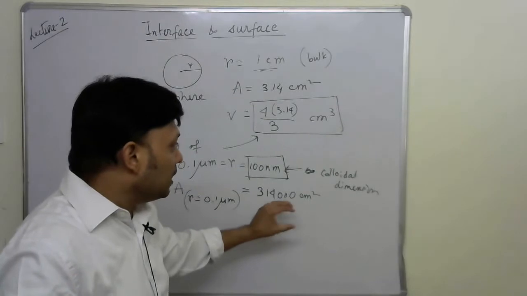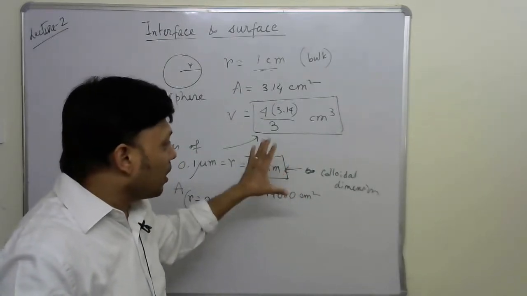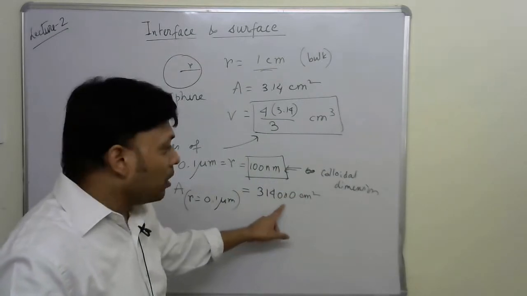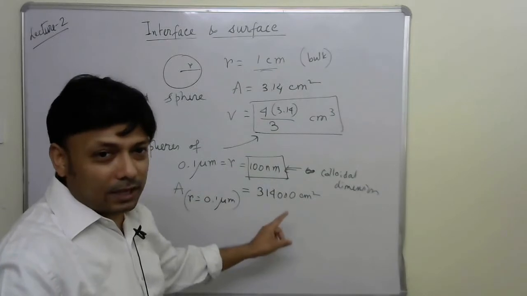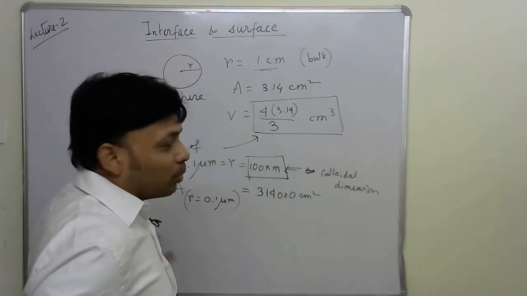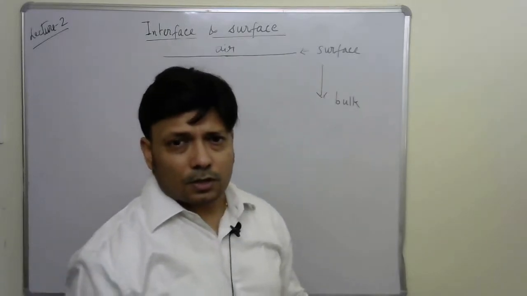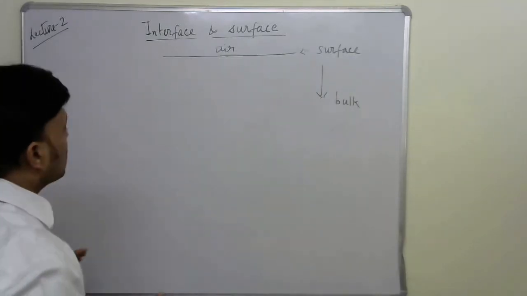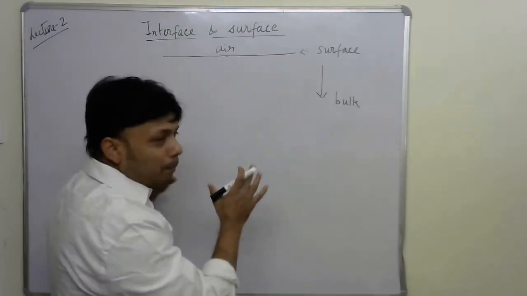So that means it is not easy to form a colloidal phase because of the problem associated with high surface area. Why is that? I'm going to clean the board and I will explain right away. So now let's take a look at a hypothetical situation for a material.